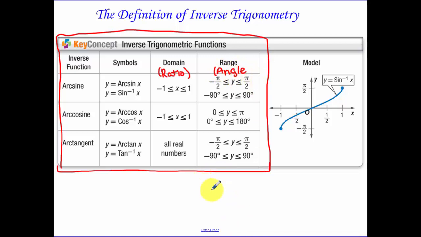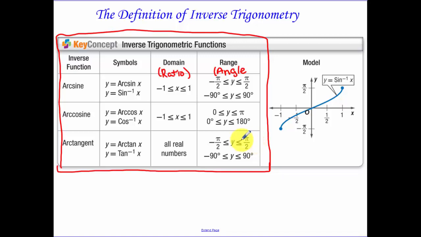Notice how for sine, it's from -pi/2 to pi/2. -pi/2 does not mean the same thing as 3pi/2. Our cosine is from 0 to pi, and for our arctangent it's -pi/2 to pi/2.